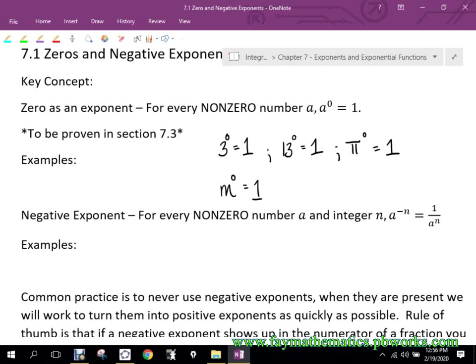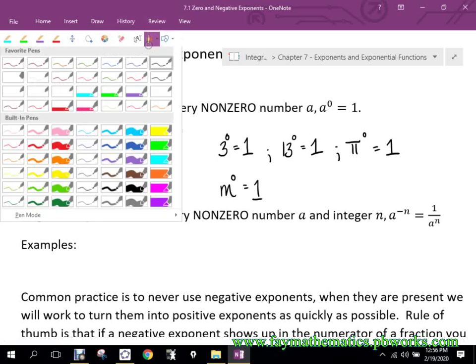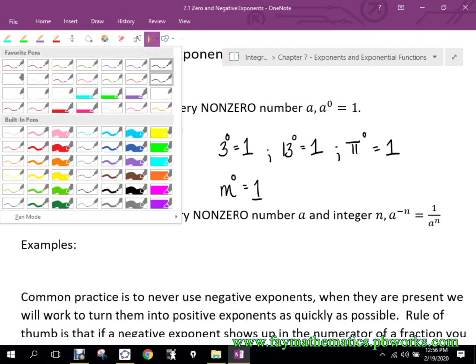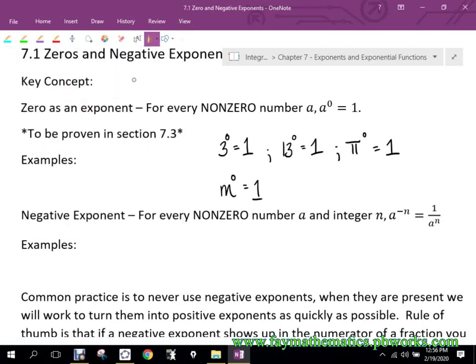Something that might be important for us to write down as well, because I'm going to use this terminology as we progress: if I just say a to some number n, this is an exponential expression, and we call the a the base, and n is the exponent.